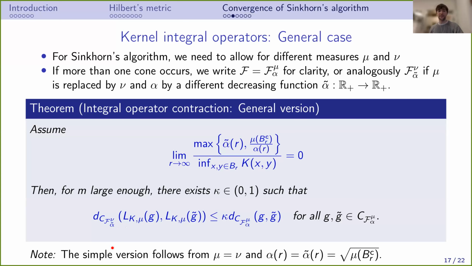So it's really just a more general version of this contraction theorem. In fact, the theorem on the previous slide simply follows by choosing mu equal to nu and alpha equal to alpha tilde suitably chosen. This just should emphasize that we can really nicely deal with kernel integral operators as long as we juggle the growths in the problem suitably.